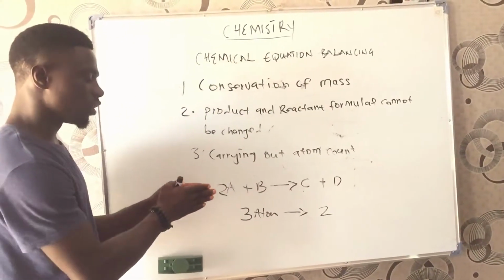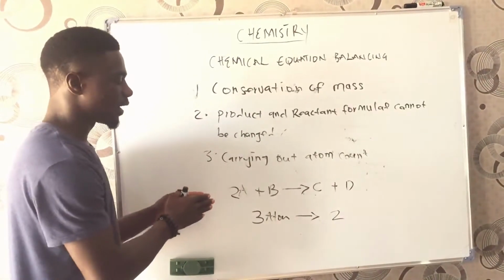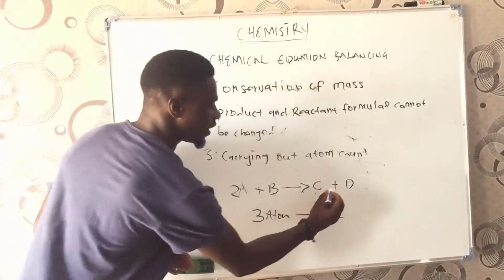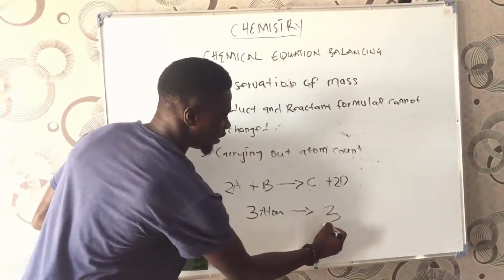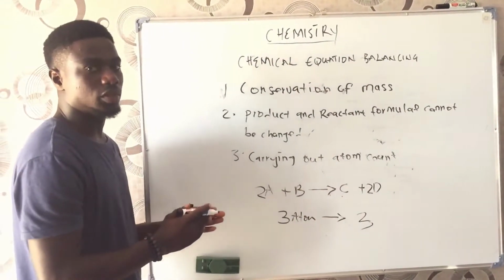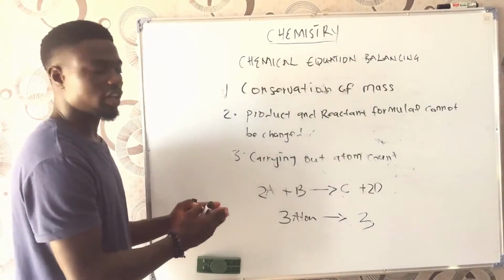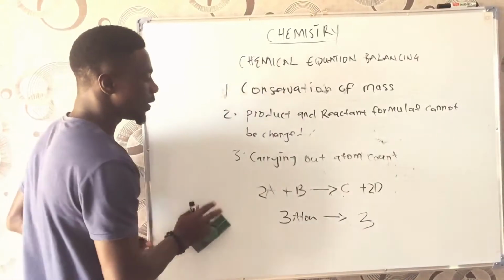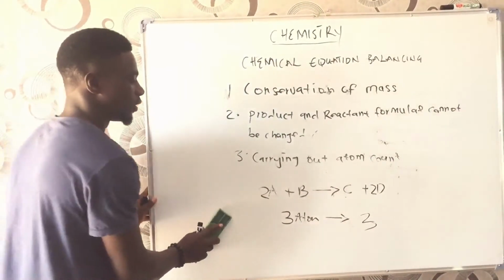This doesn't correspond to the law of conservation of mass. Therefore, you have to balance the equation by putting either 2 here or 2 here, which makes it 3. Now, this is just an alphabetical explanation. Going on to real chemical equations, I'm going to explain further. So basically, these are the 3 major rules in balancing a chemical equation.